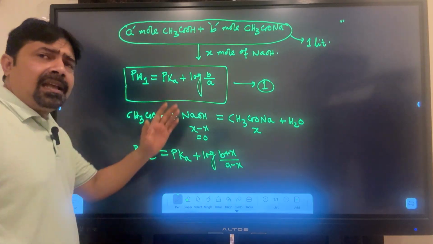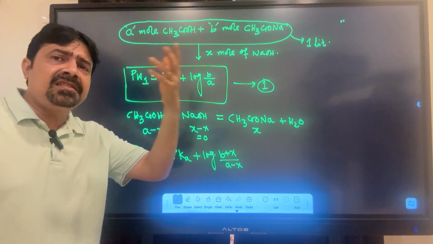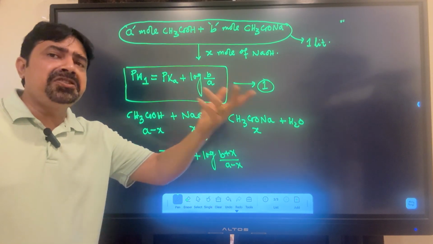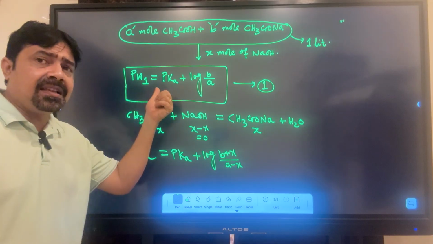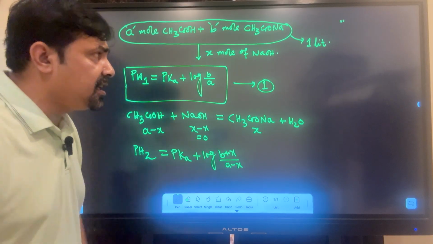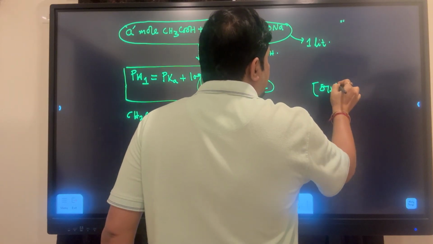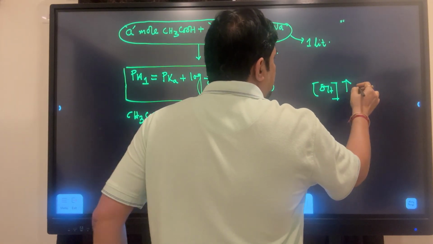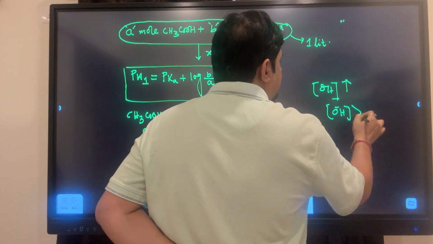As we are adding OH, the OH concentration in the solution increases, so the pH of the solution will increase. That's why we can say pH2 is greater than pH1. The logic is, if the OH concentration increases, then naturally the OH concentration will be greater than the H plus concentration.